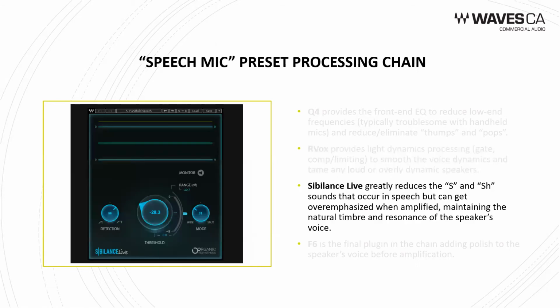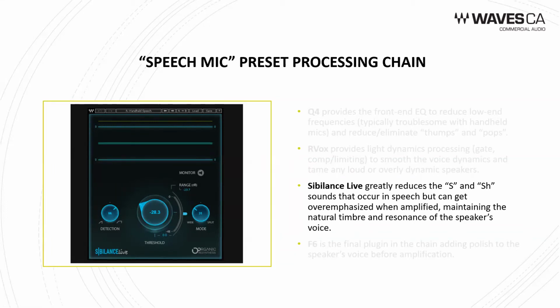Third in the chain is our Sibilance Live plugin. As the name suggests, the Sibilance plugin handles the S or sh sounds of microphones. It's transparent to the vocal chain.